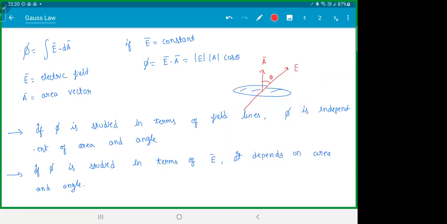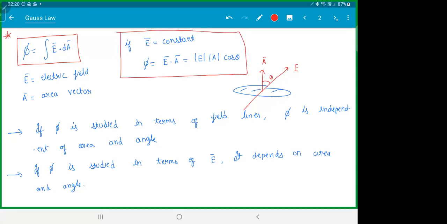I think you guys need to put down this flux, integral E dot dA. That's it. That is the basic concept of flux.